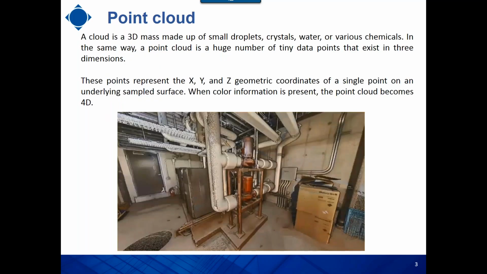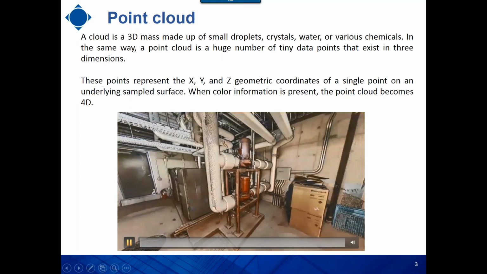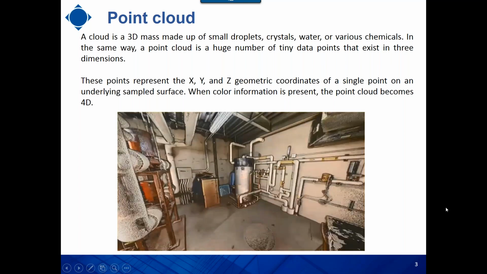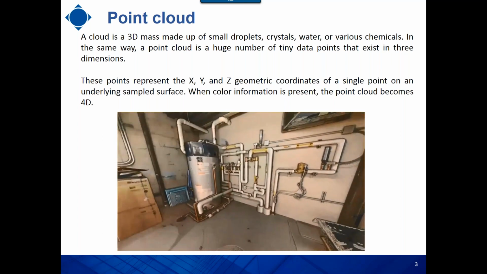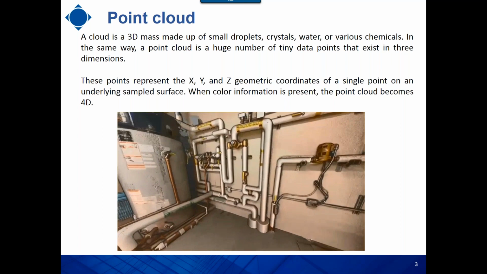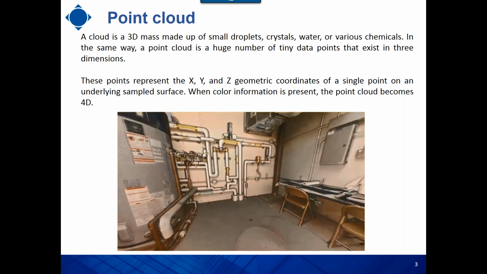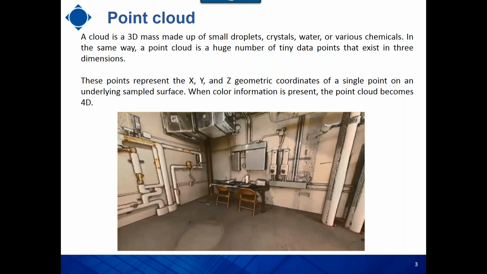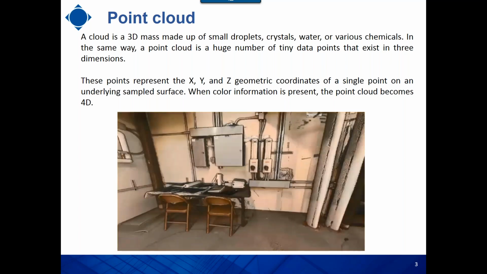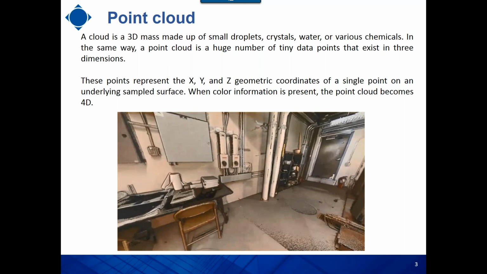So I wanted to start with a very basic explanation of what a point cloud is. A cloud is a 3D mass made up of small droplets, crystals, water, or various chemicals. In the same way, a point cloud is a huge number of tiny data points that exist in 3 dimensions. The reason the idea of point cloud has started to be used is we can manage a huge amount of data in our computers.